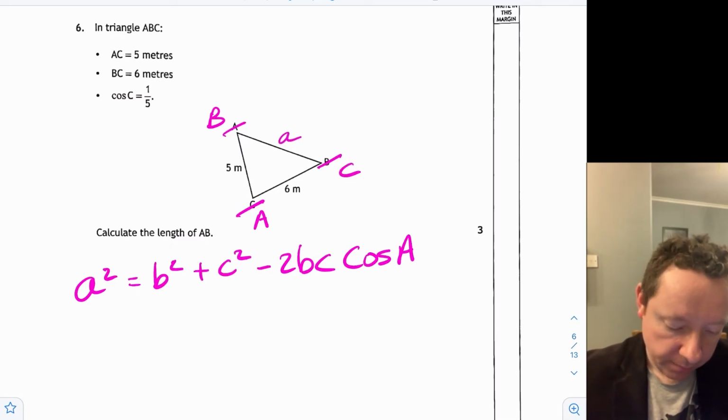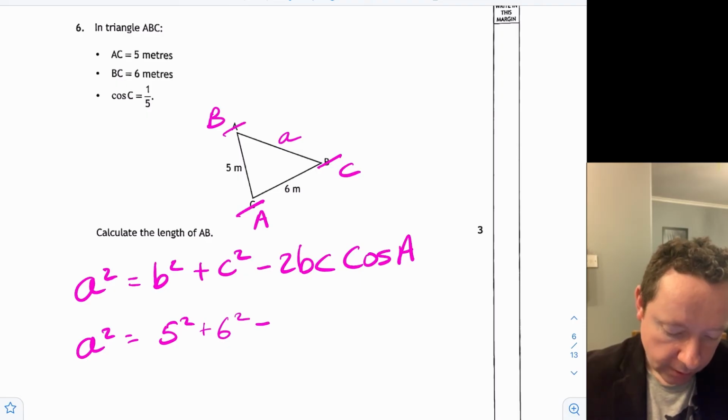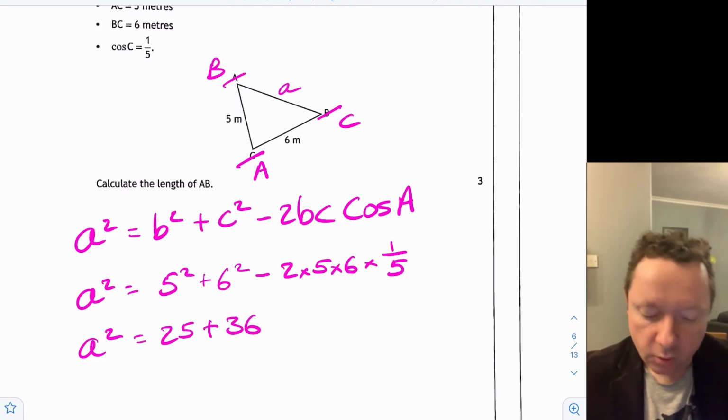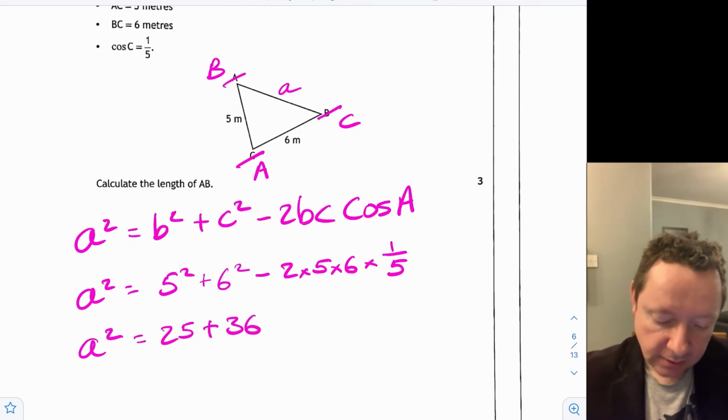So I can say that a squared equals 5 squared plus 6 squared minus 2 times 5 times 6 times the cos of A, which is cos of C, because that was originally C, remember, so that's a fifth. And now we can start working on that. a squared equals 25 plus 6 squared is 36. 2 fives is 10, 10 sixes is 60.